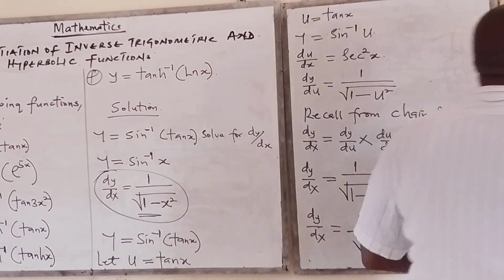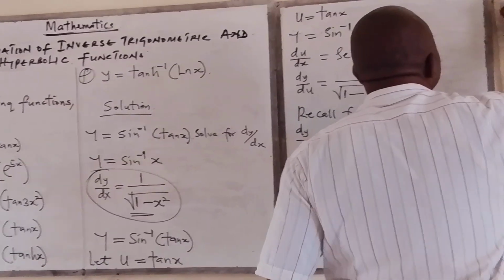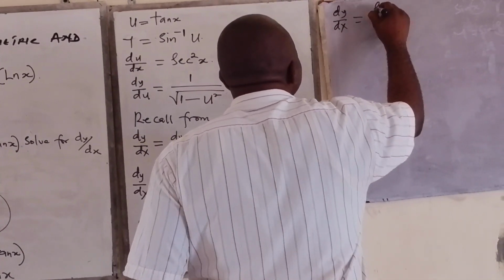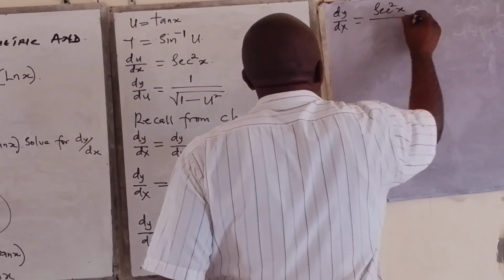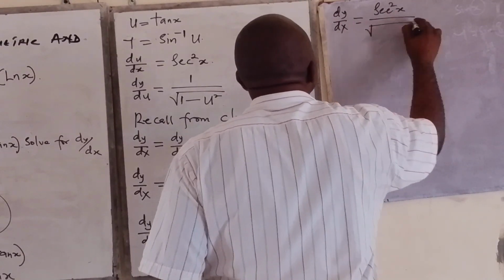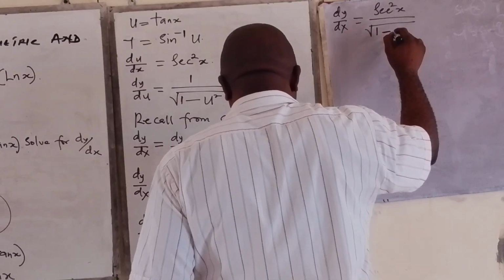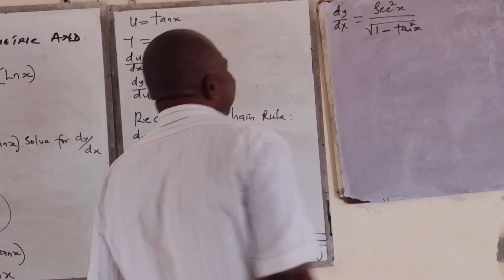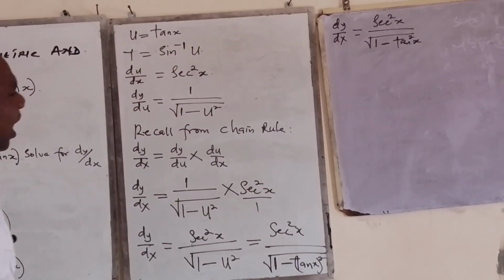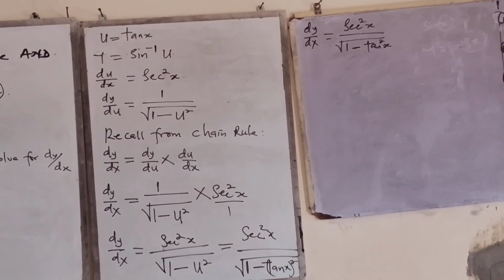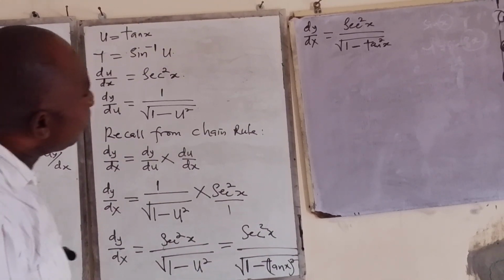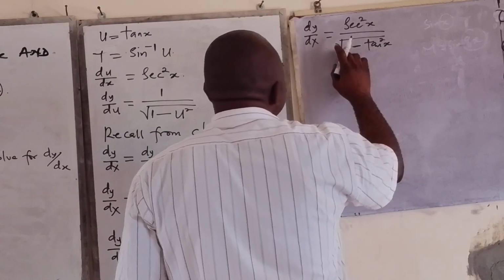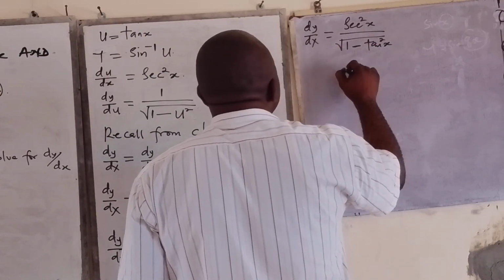So it means dy/dx will be equal to sec squared x all over the square root of 1 minus tan squared x. That is the value of dy/dx. So dy/dx is sec squared x all over the square root of 1 minus tan squared x.